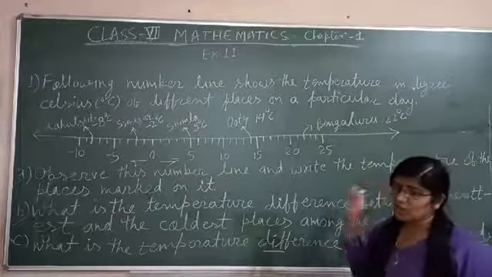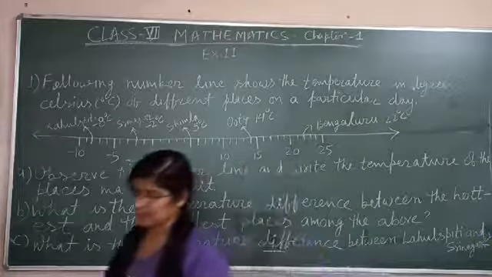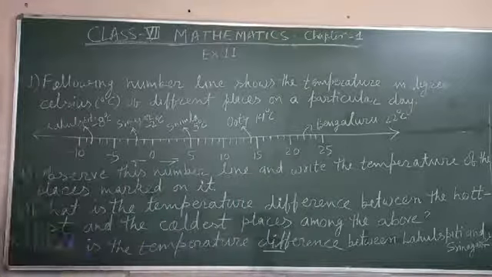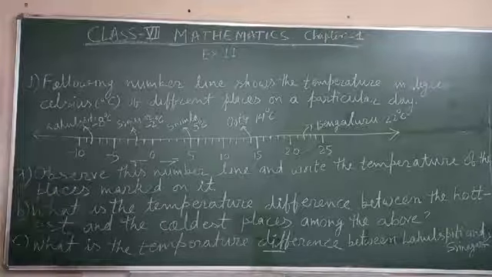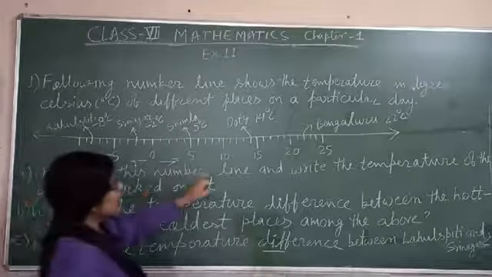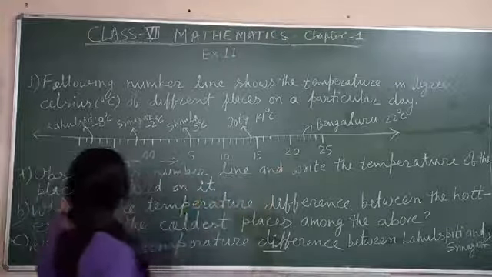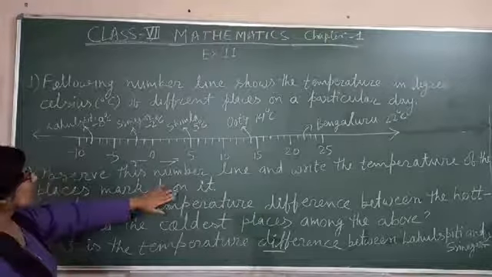Just that way you have to do this question. Okay. So our question number 1 is completed. Observe this number line and write the temperature of the places marked on it.